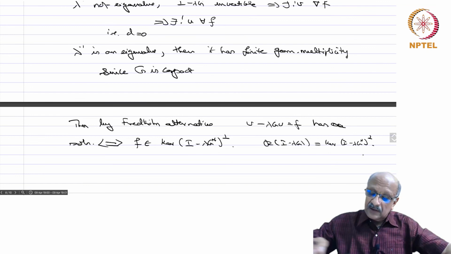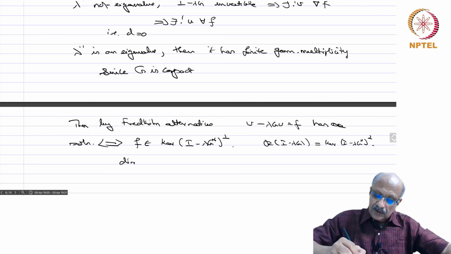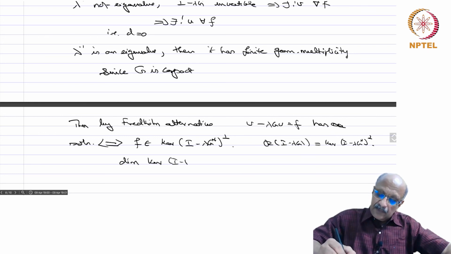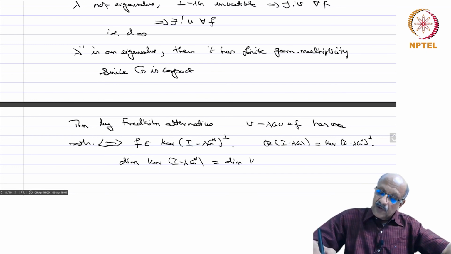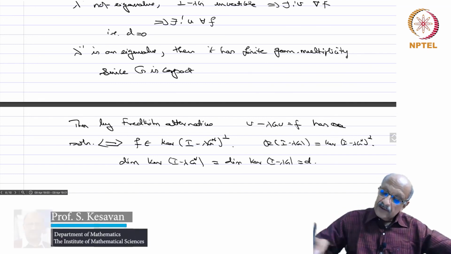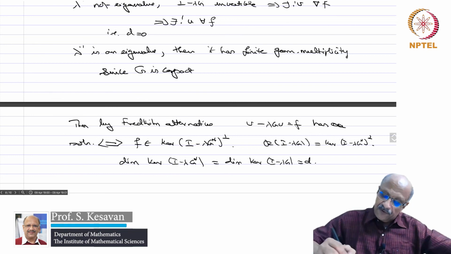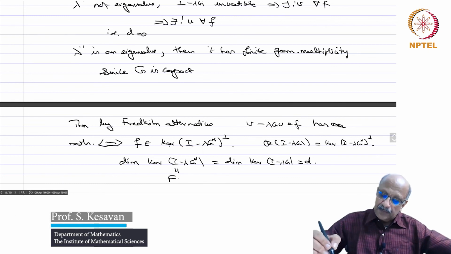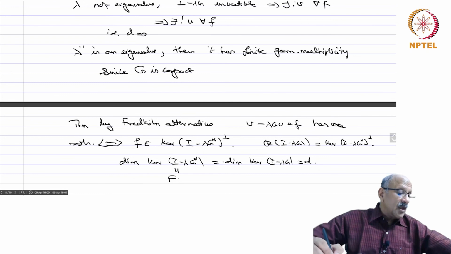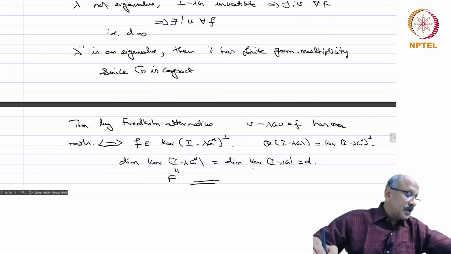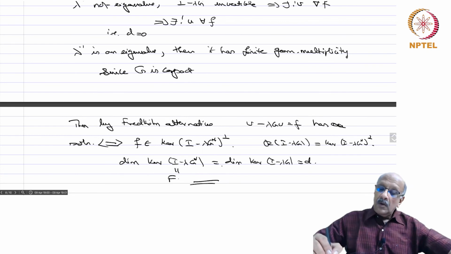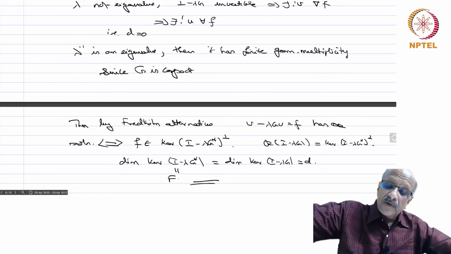Okay, so this is the standard theorem. This is called the Fredholm alternative, and therefore the dimension of the kernel of I minus lambda G star is equal to the dimension of the kernel of I minus lambda G, which is equal to D. Okay, and therefore, this is our capital F, and small f must belong to capital F perp, only then you have a solution. So this proves that theorem. Okay, so we will continue with further examples later.